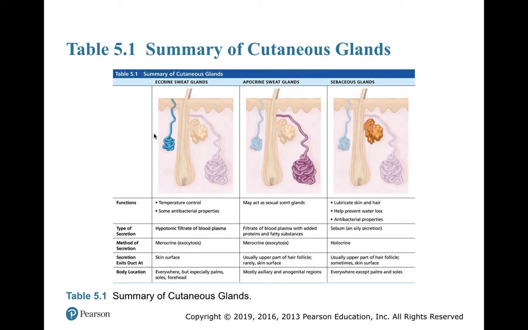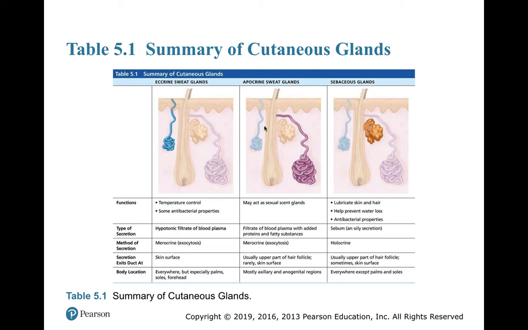The sweat is derived from plasma. They secrete using exocytosis or a merocrine function. They're found on the skin's surface. The duct opens to the surface, and they are found everywhere, especially on palms, soles, and forehead.